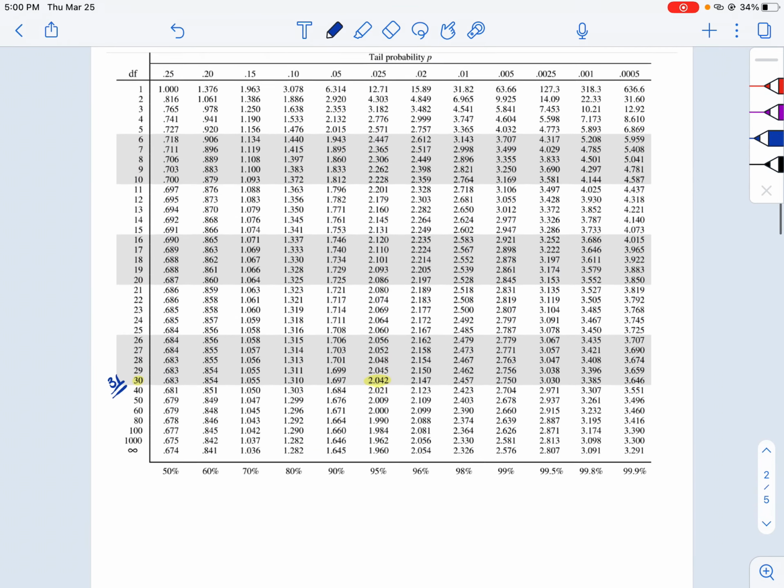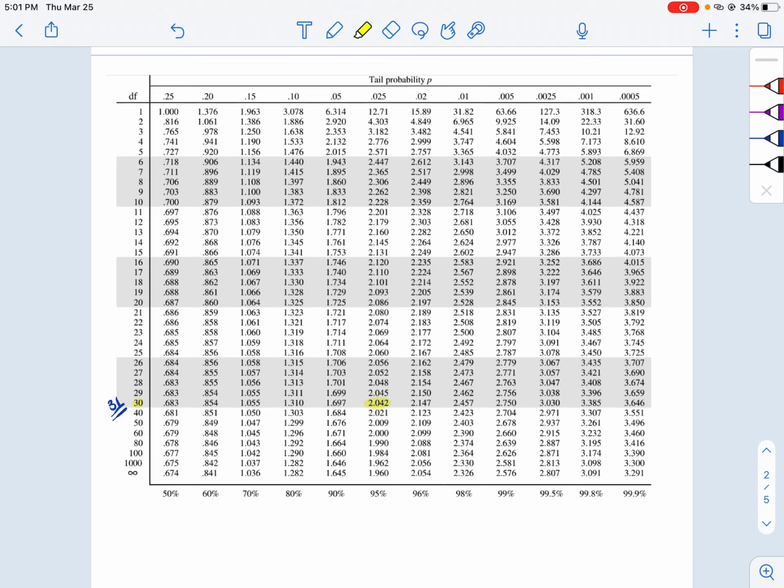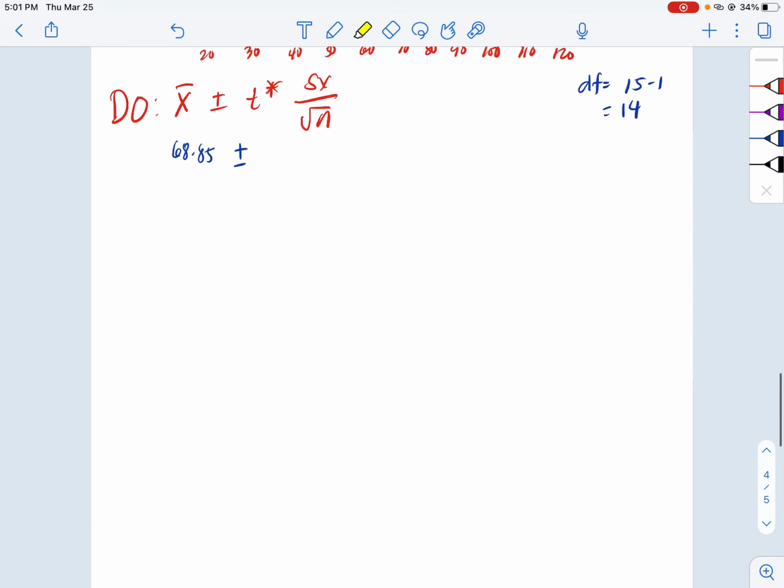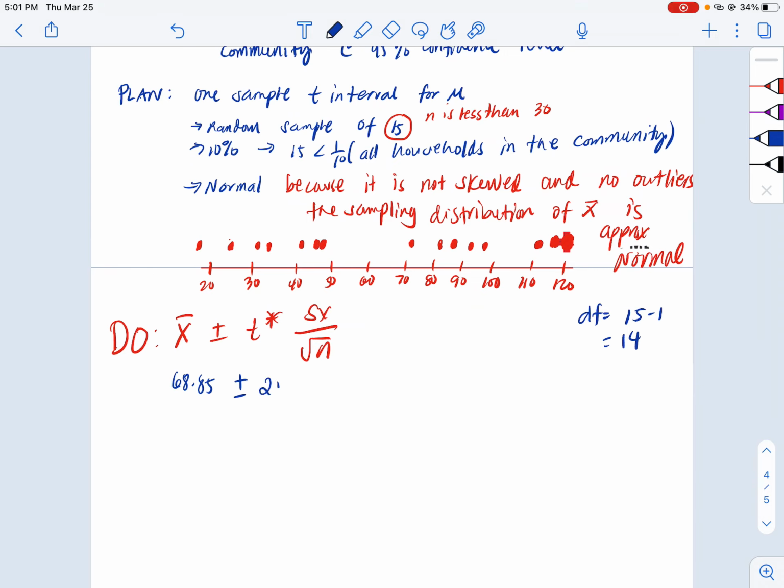Looking at the table, df of 14 at 95% confidence gives 2.145. Then my standard deviation, which I got from the calculator, over the square root of 15.